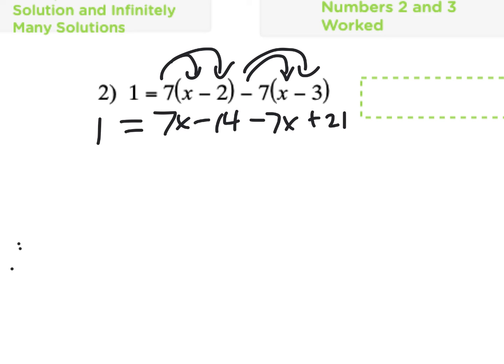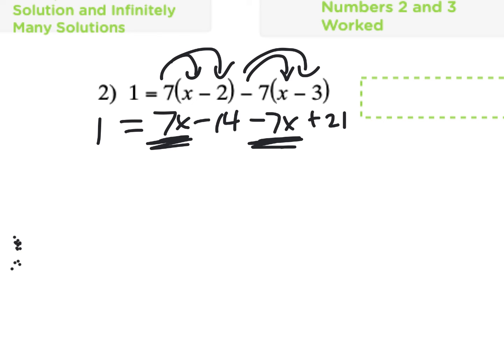What is going to happen when the two x's combine, because they're on the same side of the equal sign? What's going to happen when that positive 7x and that negative 7x combine? They're going to cancel each other out, because it's 7x take away 7x.